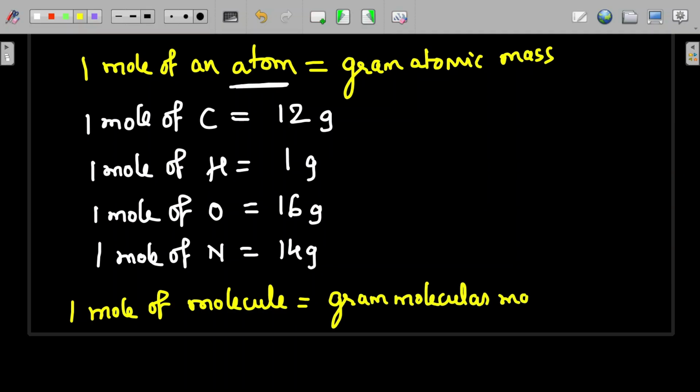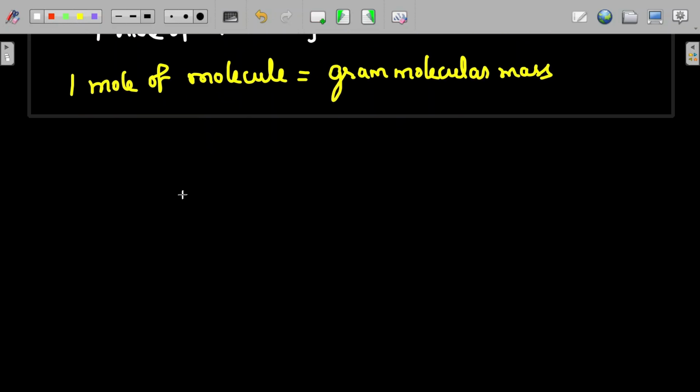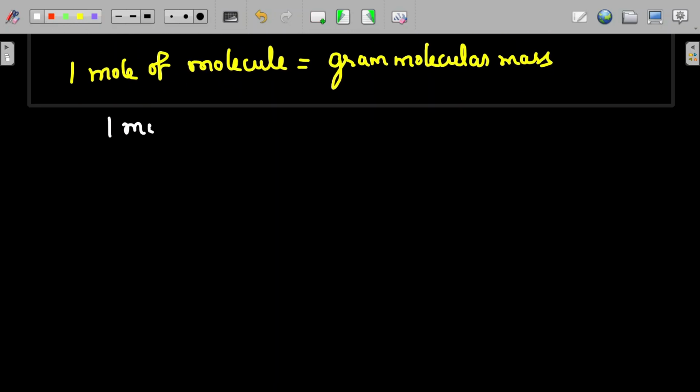In this case, you have to take the molecule. So if I take now 1 mole of hydrogen gas. Now hydrogen in the gaseous form is a molecule. So find the molecular mass of hydrogen, 2. So 2 grams. Now don't keep 1. If it is an atom, then 1. If it is a molecule, then you have to find the molecular mass.